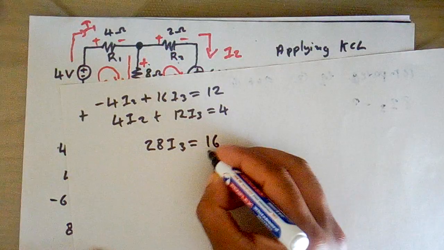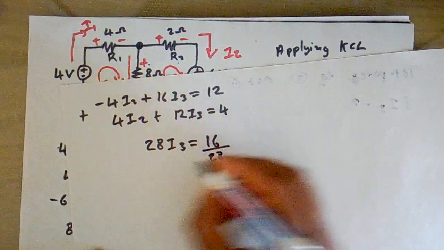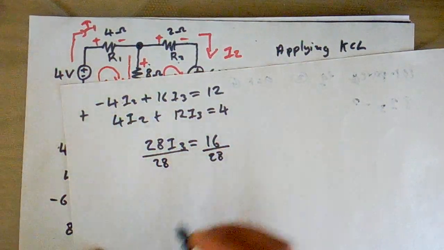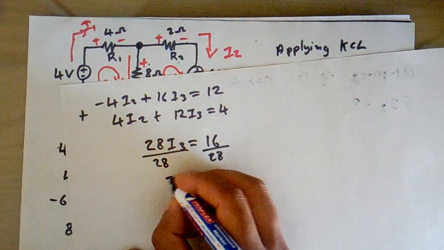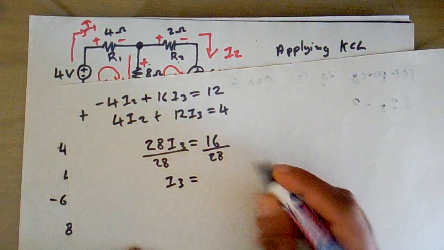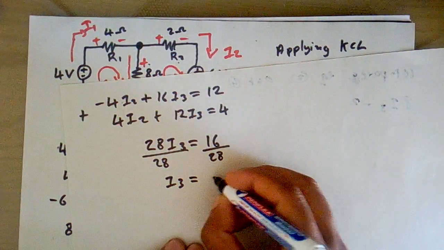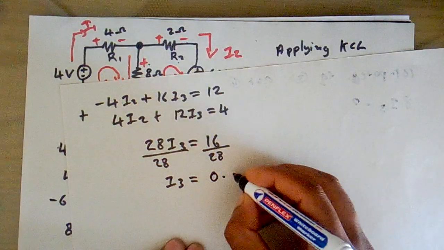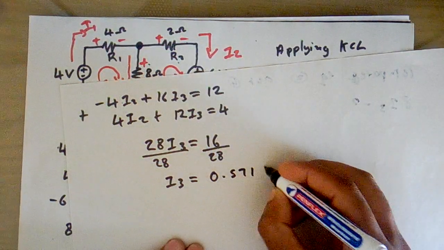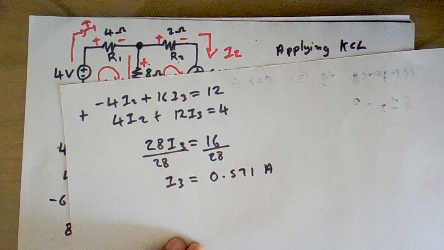Therefore we divide 16 by 28, and our I3 is 0.571 ampere.